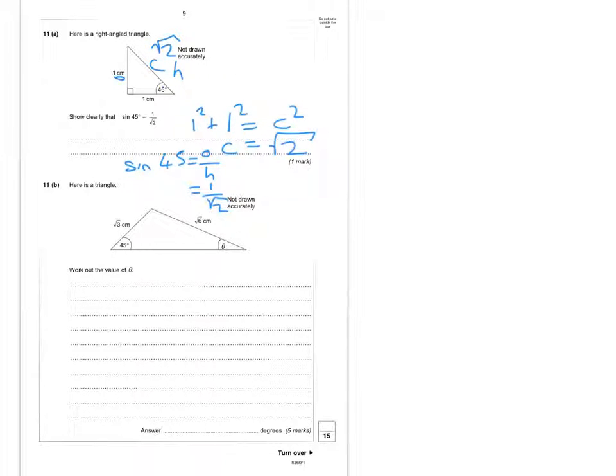Here's what appears to be a sine law problem. We've got two sides and two angles. So sine theta over root 3 is equal to sine 45 over root 6.